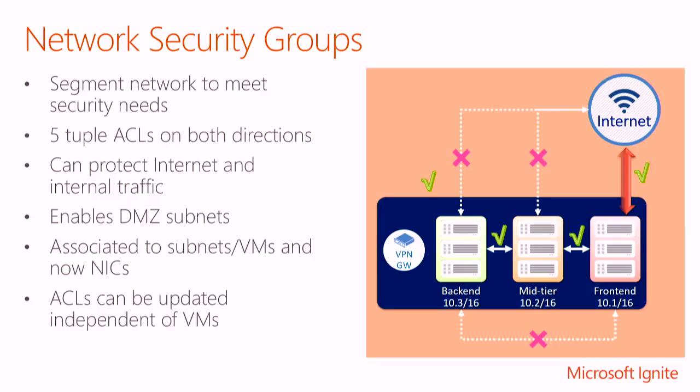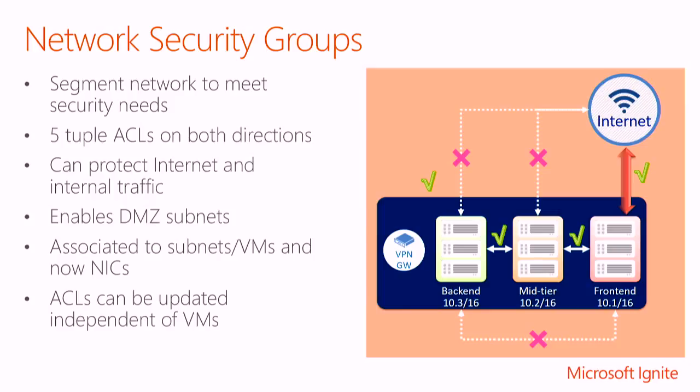but at the same time, customers would say, hey, I don't want a complete routing. I want to allow only some specific traffic to flow between my front end and back end, or I don't even want them to talk to each other. I don't want anybody to come from the internet directly. Those kinds of policies you can do through the network security group.